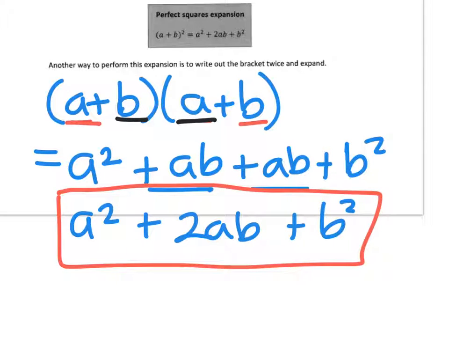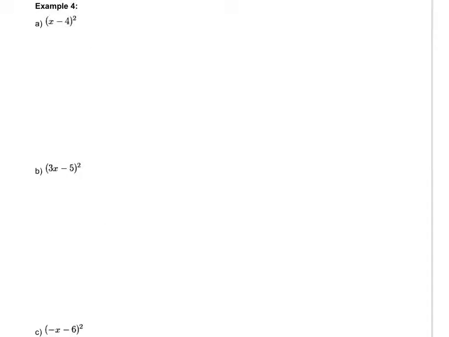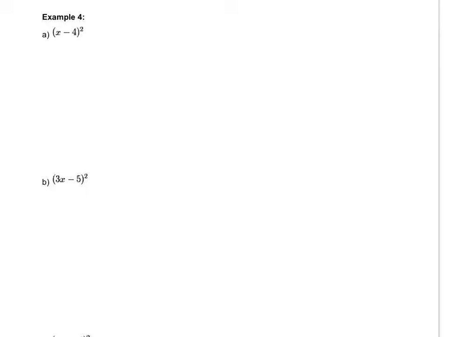Let's have a look at how this would work. Okay, so if we look at this one, we can use the pattern. We can say that a is x and b is minus 4.